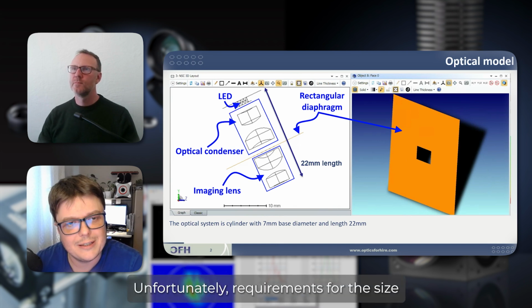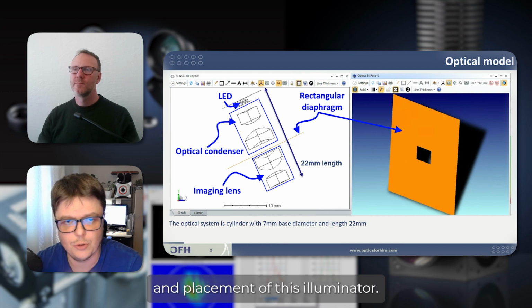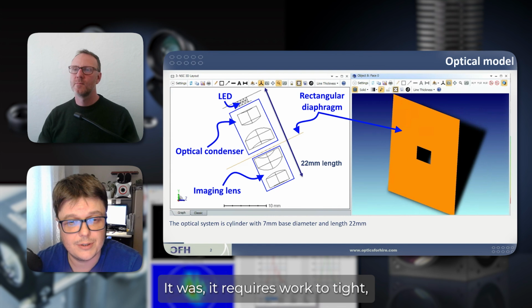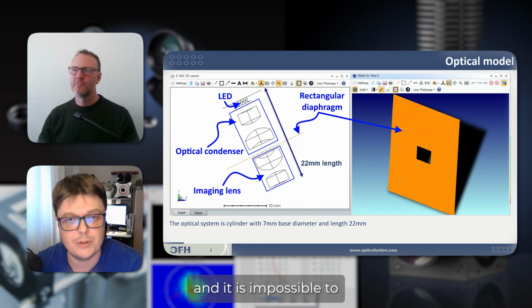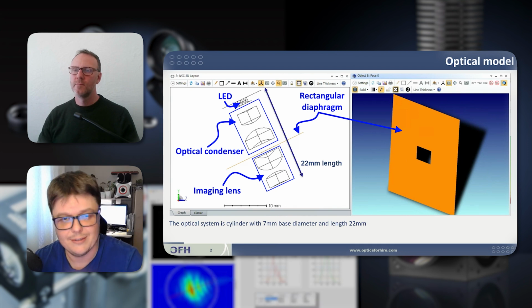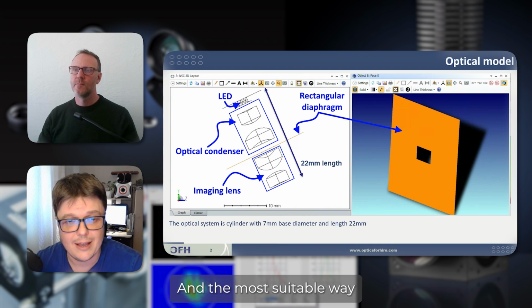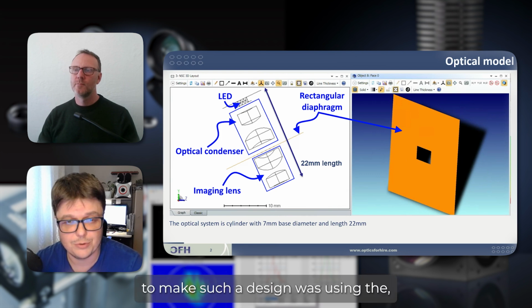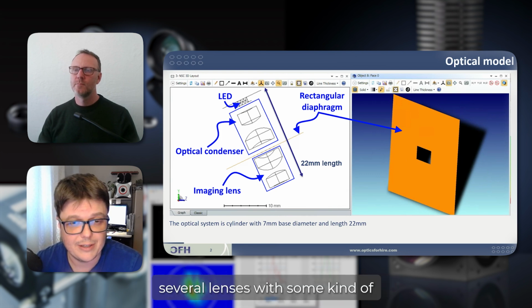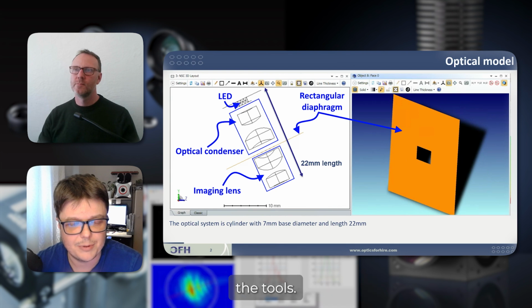Yeah, unfortunately, requirements for the size and placement of this illuminator were too tight, and it is impossible to place a TIR lens here in this design. And the most suitable way to make such a design was using several lenses with some kind of apertures.